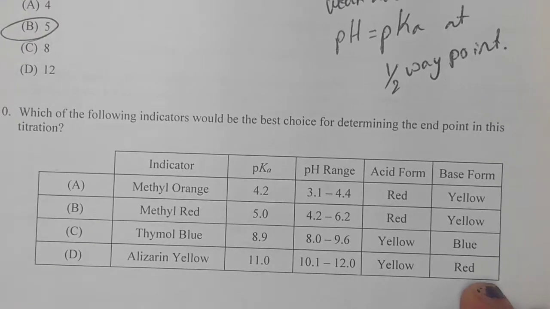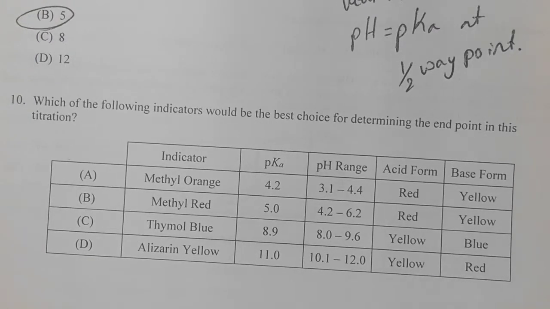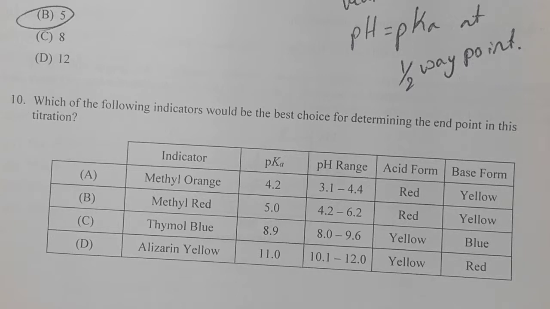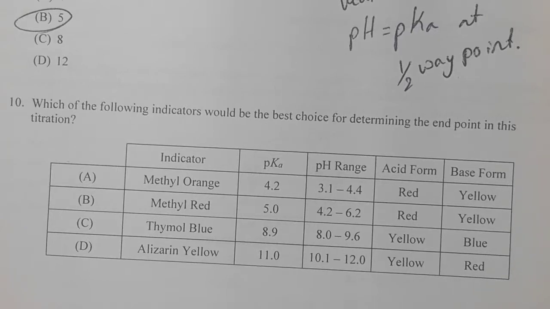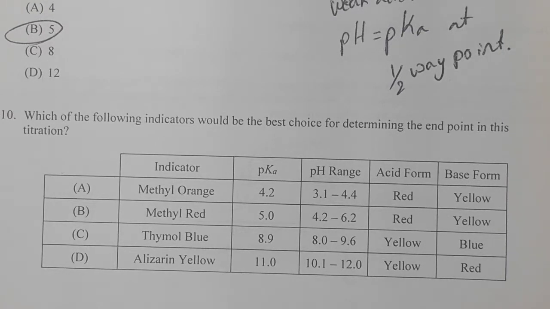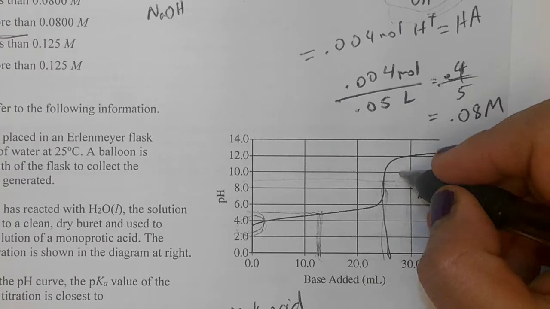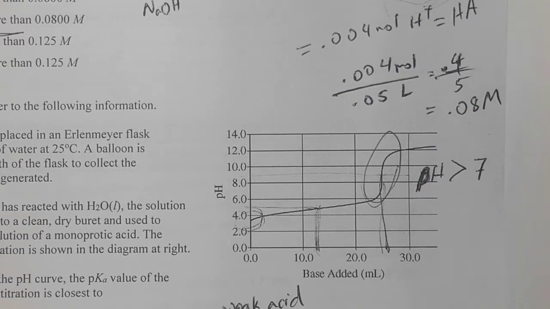Easy enough? Look at 10. What would be the best choice for the titration? Remember, look for the pH range. That should tell you which one you should use. So where is the pH change happening? This steep curve. Which region?